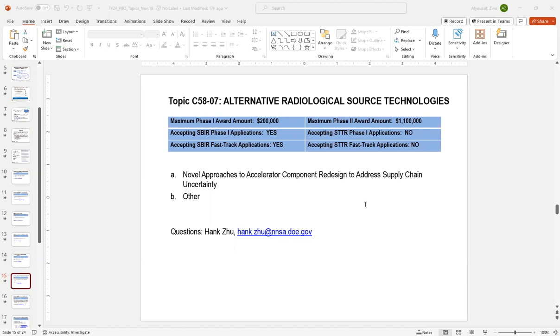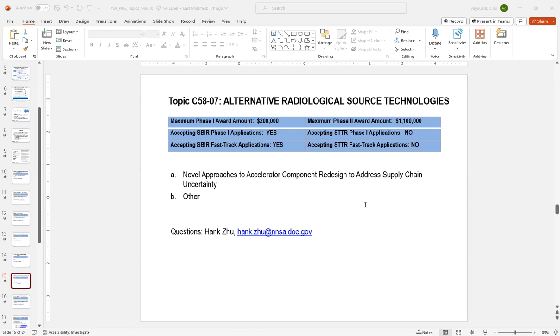One of the main reasons is that there are serious supply chain issues for the parts to sustain the operations of the accelerator-based systems, particularly with regard to the supply gap in RF systems, such as the klystrons, magnetrons, as well as other accelerator components.